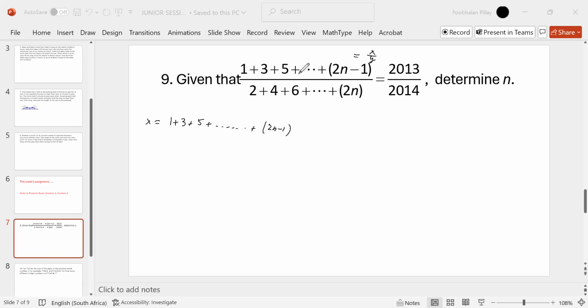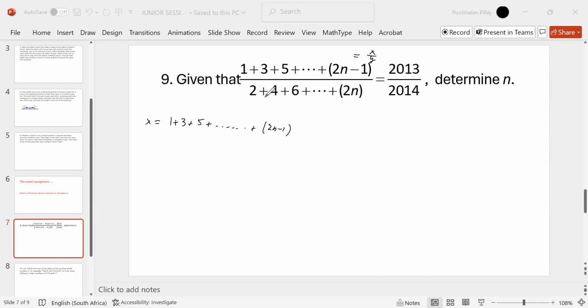Now, how many terms have you got here? I think that's quite important to know. From the top there, you can't make out how many terms there are. But from the bottom, you can see how many terms there are, because this is 2 times 1, 2 times 2, 2 times 3, and this is 2 times n.